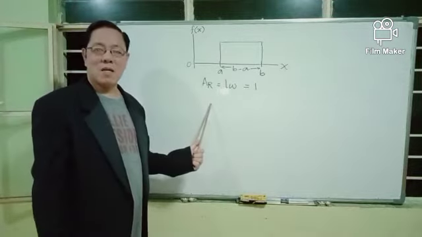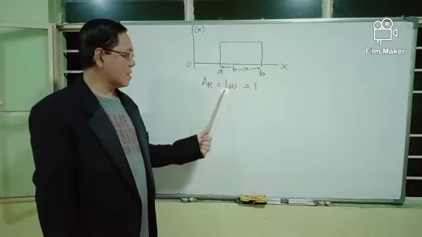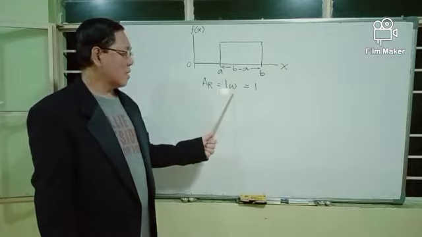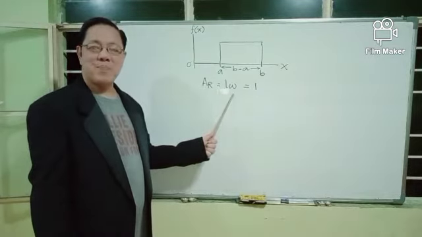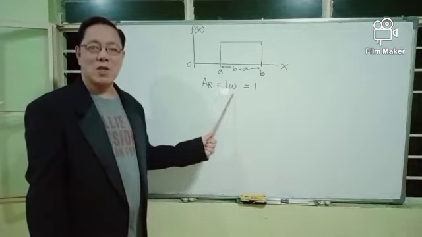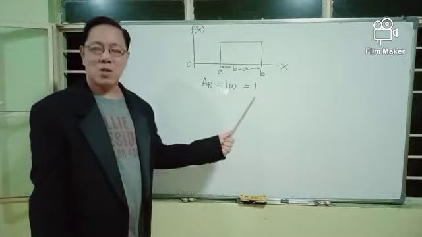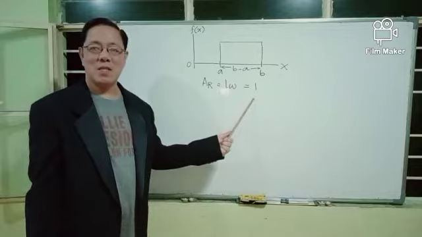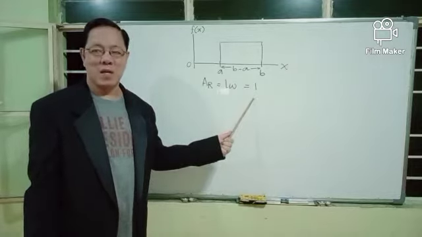The area of rectangle from your elementary geometry is equal to the length times the width. And the sum of the probabilities for probability distribution for continuous random variables should be equal to 1, similar to the probability distribution for discrete random variable.